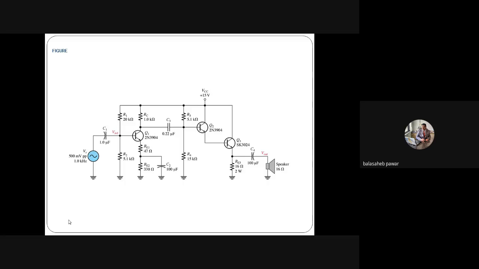So what we will do is decrease the input signal amplitude below 500 millivolt. Parallelly, we will check whether the amplifier is still providing amplification with the same gain or not. See, gain differs by change in frequency, not by change in amplitude.